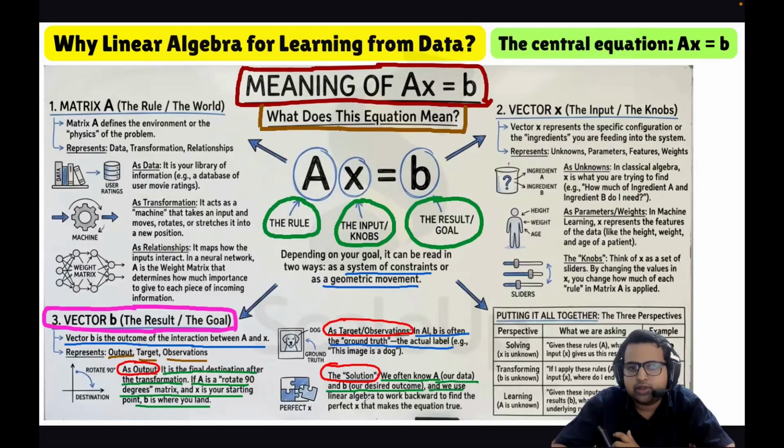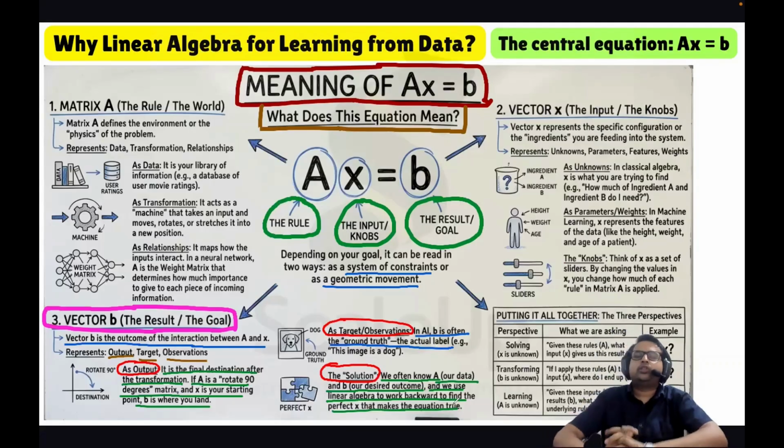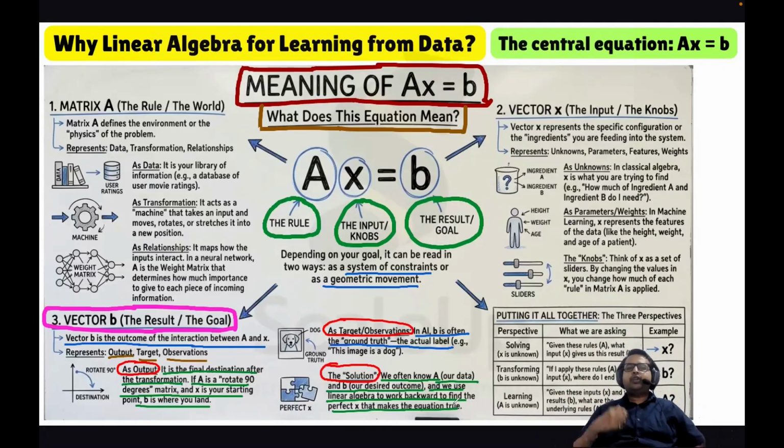And we use linear algebra to work backward to find the perfect x that makes the equation true. So vector b can be the solution. We know the solution, we know the matrix A, and using linear algebra, we will calculate x, because vector x can be an unknown.